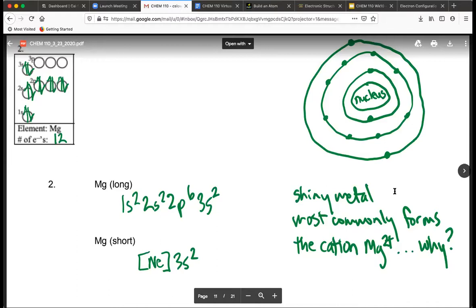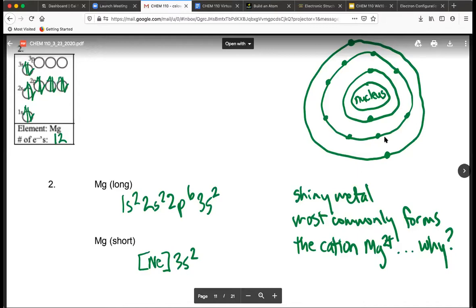So I think that one of the pieces that are really helpful for you to think about is how you put the electrons. Because we don't actually have enough electrons to fill the 3p section. So right now, 3p is going to be empty because we only have 12 electrons, right?